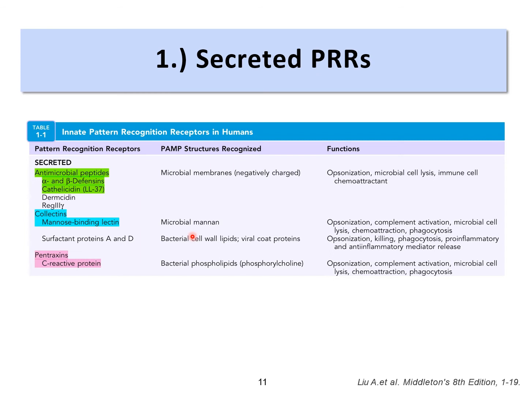Mannose binding lectin recognizes the microbial mannan. Mannan is a polysaccharide, and it causes opsonization, complement activation, and cell lysis. C-reactive protein specifically recognizes bacterial phospholipids, and finally they also kill by opsonization, complement activation, and cell lysis.